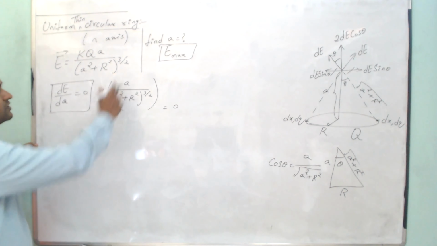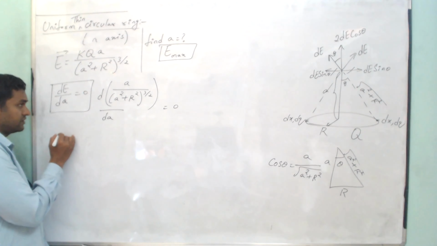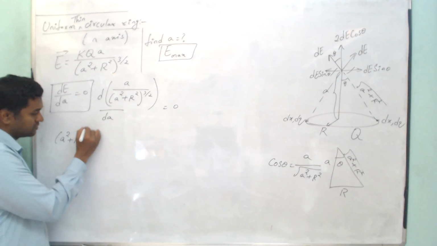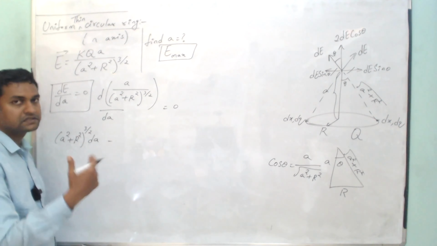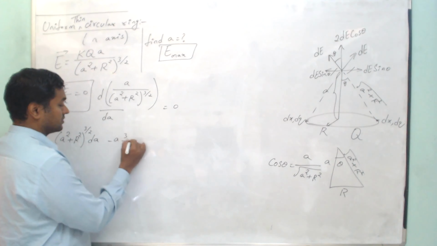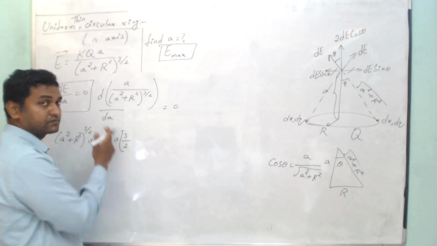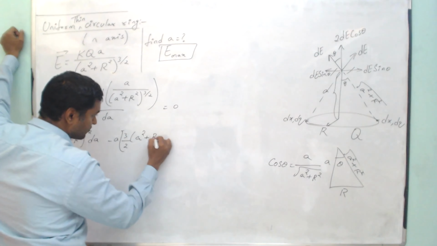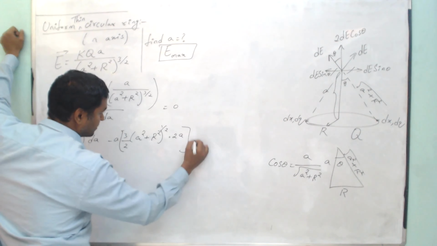We will use the u by v rule. So when I use u by v, what will happen? (a square plus r square) whole power 3 by 2 times d(a)/da, which of course will be 1, minus a times the differential of (a square plus r square) whole to the power 3 by 2, which is 3 by 2 of (a square plus r square) whole to the power 1 by 2 into 2a, is equal to 0.